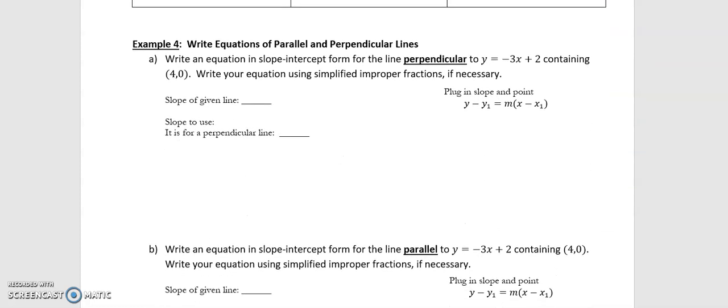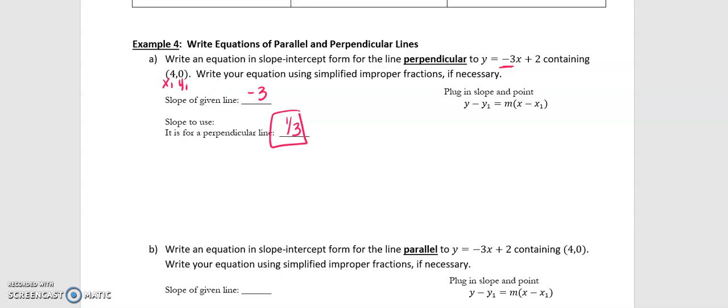Last thing we're going to do in this lesson is we're going to write an equation. So first we need to know whether or not we're going to be parallel or perpendicular so we can change our slope accordingly. And we need to identify our slope. The slope given is -3. So what would be a slope perpendicular to that? Flip it and change the sign. So we're going to use 1/3, and then we're going to use the coordinates of the point that they give us.